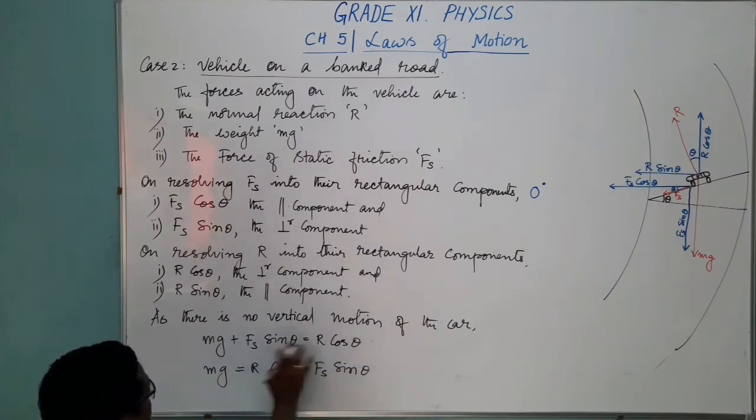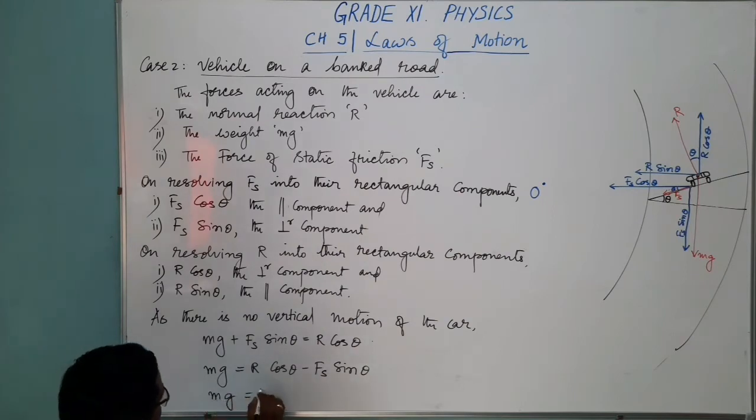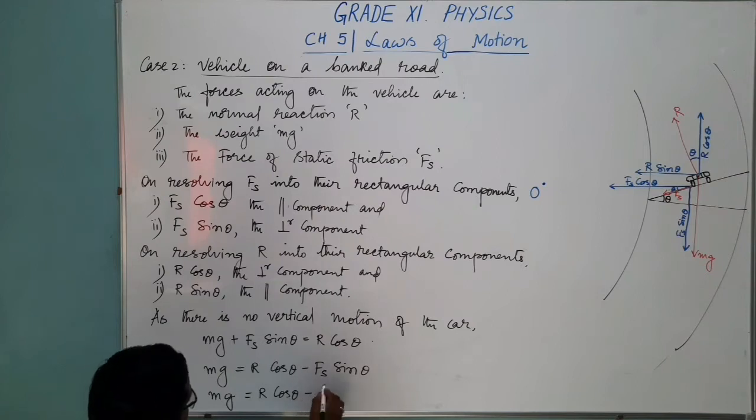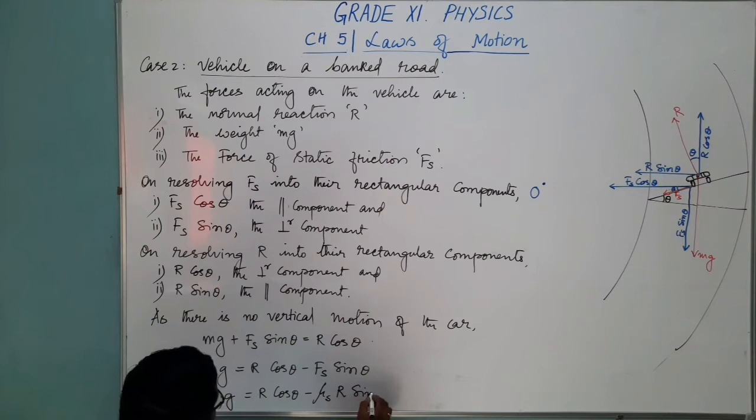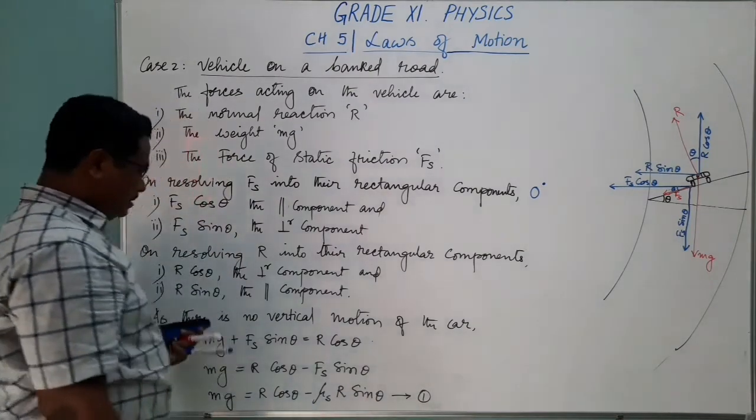Transposing this term to the right hand side, mg is equal to R cos theta minus mu s R sin theta, since Fs is equal to mu s into the normal reaction. Like this, we find equation number 1.